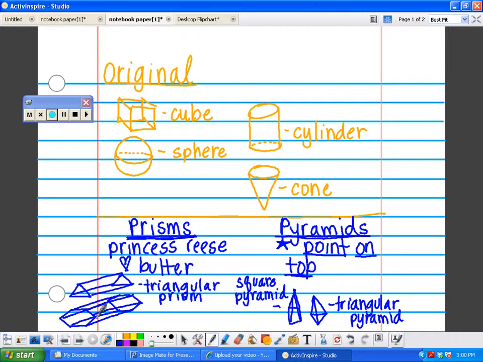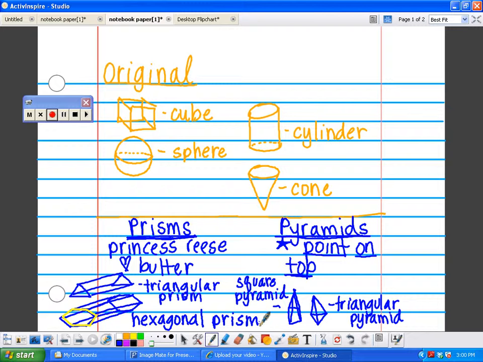Princess Reese, so I'm going to call it a prism. What kind of prism? Look right here, what's this shape? Hexagon. So I'm going to call it a hexagonal prism. Good.